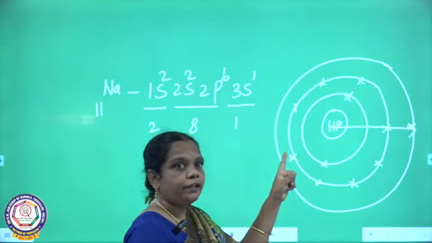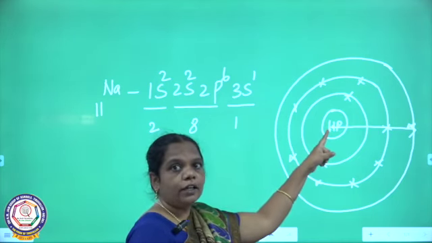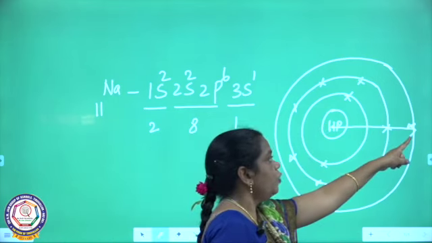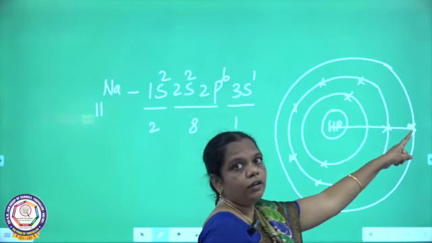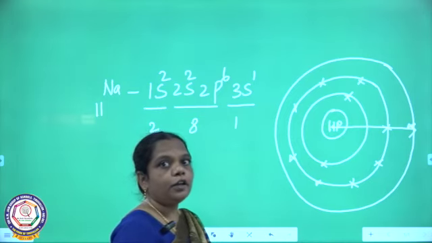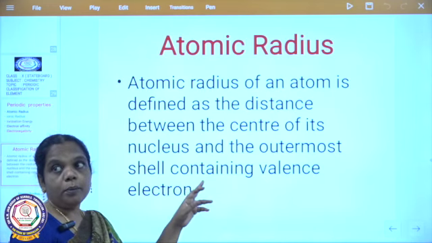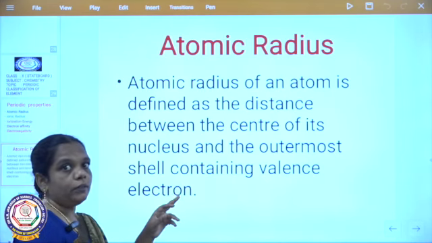Distance between the center of the nucleus and the outermost shell containing valence electrons is the atomic radius. So now you have seen the atomic radius of the sodium atom.